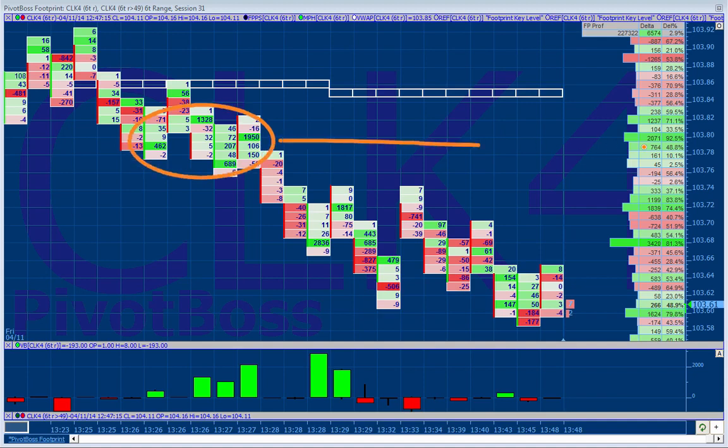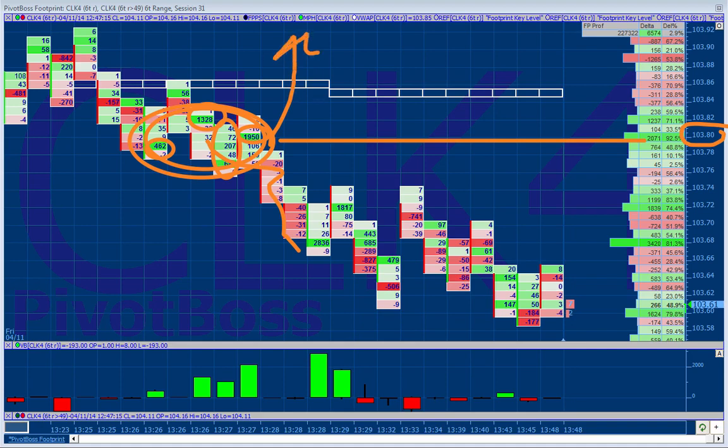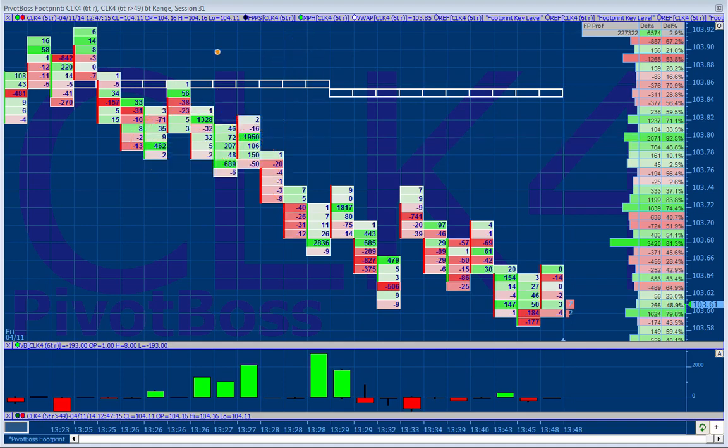And look at what the level is, 103.80. 1,300, 460, 1,950. All of these make about 1,000. So you're looking at this and you're thinking, wow, all of these buyers came in and yet price did not go up. That's absorption. That means passive sellers are still holding the market down and price rotates lower.